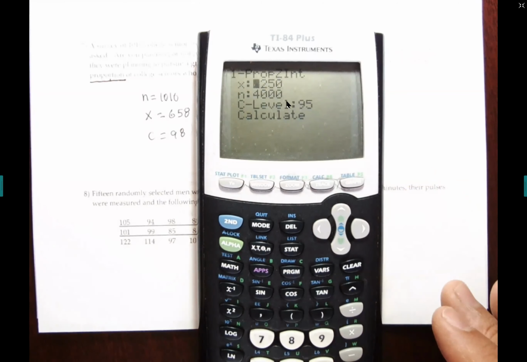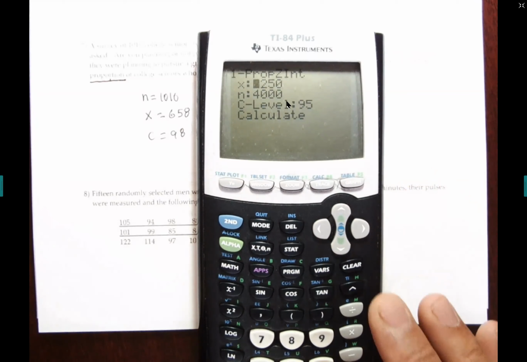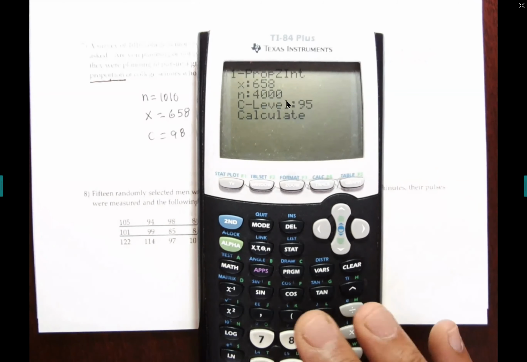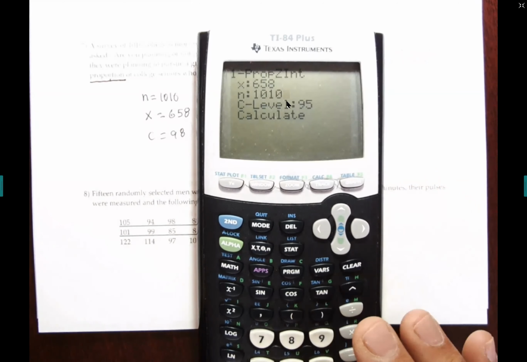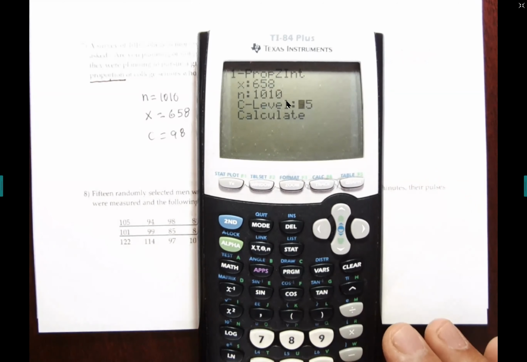x is 658. n is 1010. And confidence level is 98. There you go.